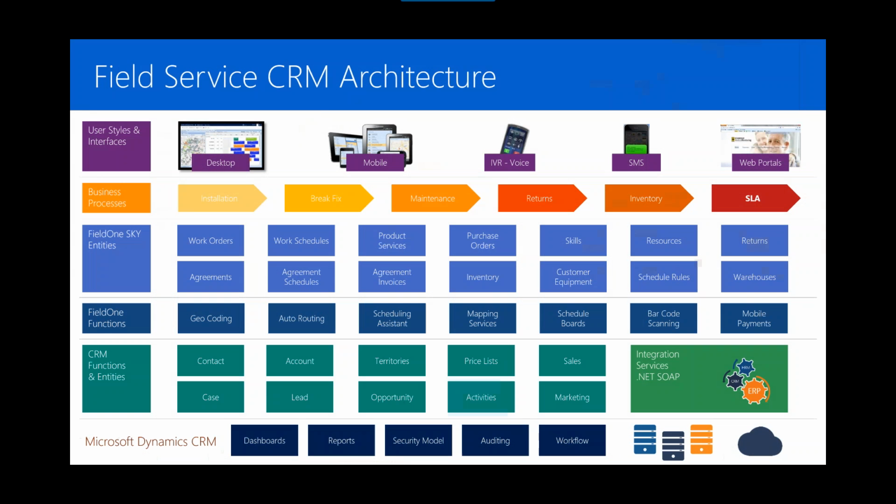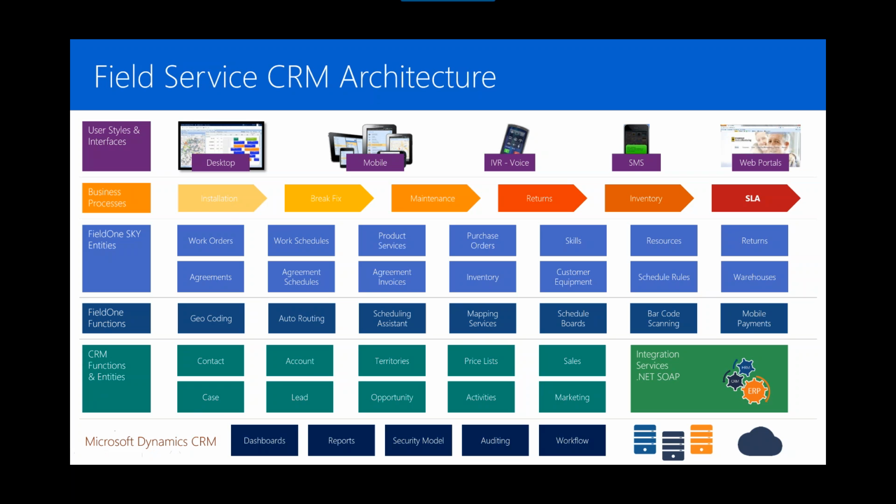So first of all, just to give you an overview of the architecture, or what is included in Field Service for CRM. In the middle here we leverage our typical FieldOne Sky original entities, but we also leverage our CRM core functionality.